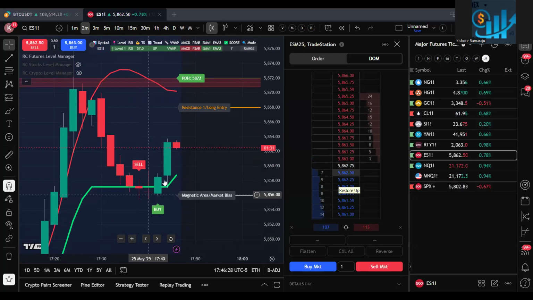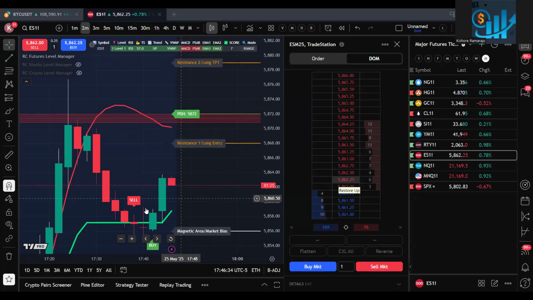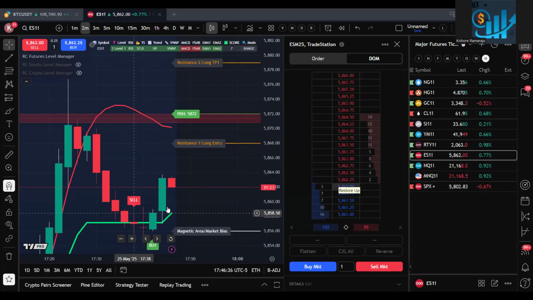Again, it will not keep going up. There might be some small pullback and again it will go up. There will be a small pullback, and it will go up further. Whenever there is a huge move, wait for a pullback.